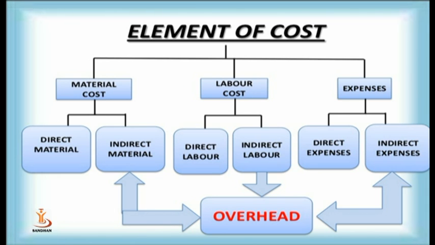Why am I explaining this? Because in the next slides we are going to learn what exactly activity-based costing is. So for that, the explanation regarding overhead is very important, and you should know how the overhead is calculated and what the components of overhead are. So let me repeat again: indirect material, indirect labor and indirect expenses become the part of overhead.